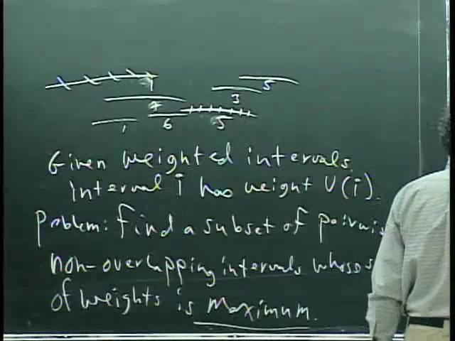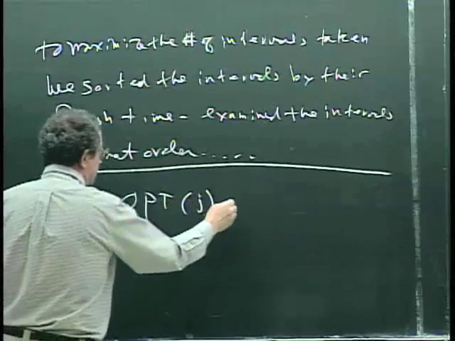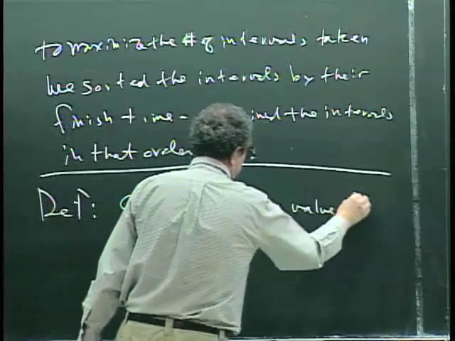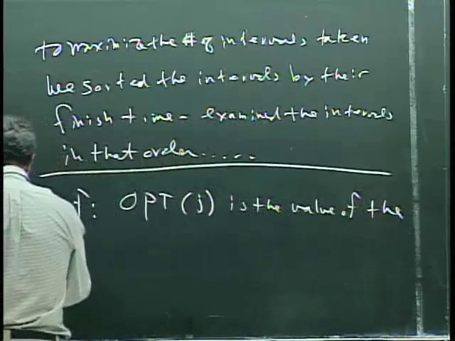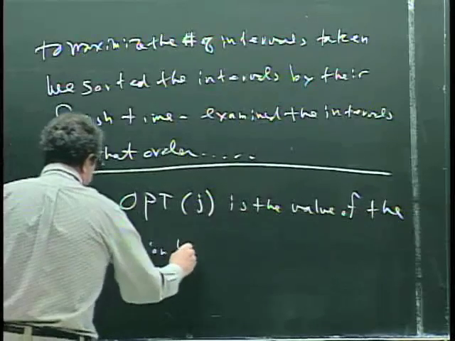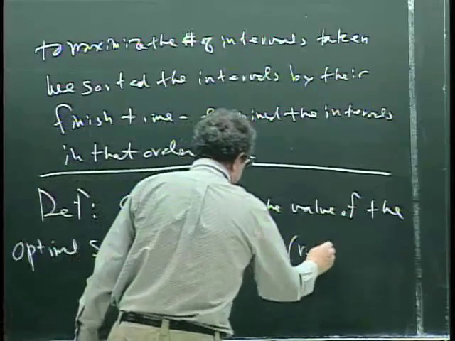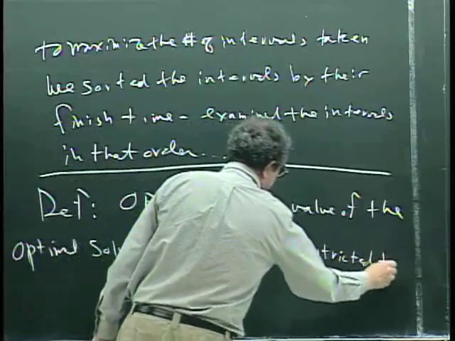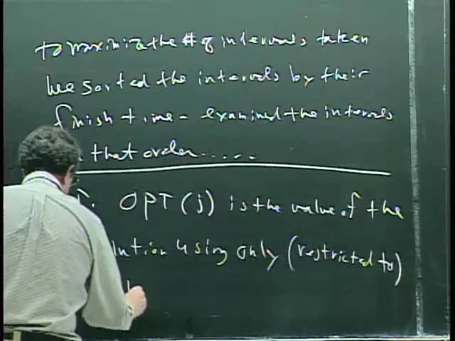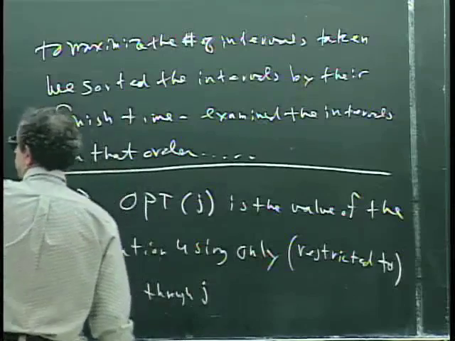So let me define opt of j is the value of the optimal solution using only, or restricted to, intervals 1 through j. And here I'm talking about in the sorted order.